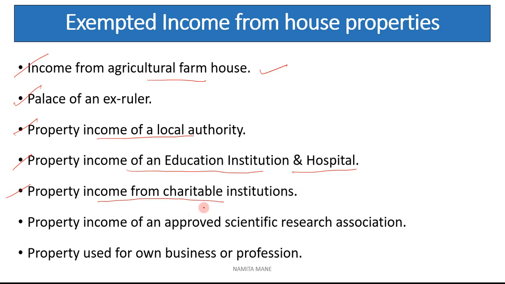So the income generated from that type of property is exempted under this head. Then property income from an approved scientific research association is exempted from this head. Then property used for business or profession is exempted from income from house property. So these are some types of properties or income from property which are exempted under income from house property.